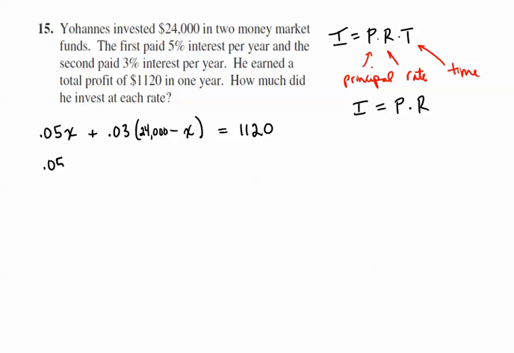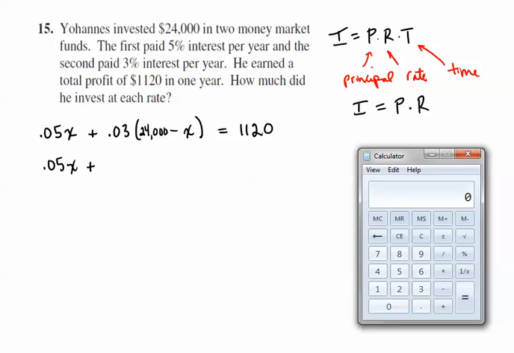So 0.05x plus 0.03 times 24,000. For that, we'll bring in our calculator. 0.03 times 24,000, and that gives us 720.